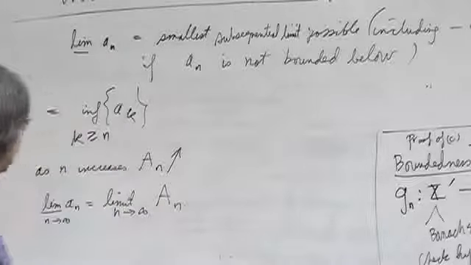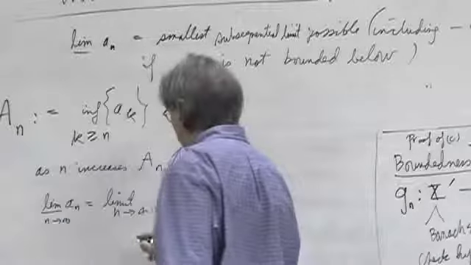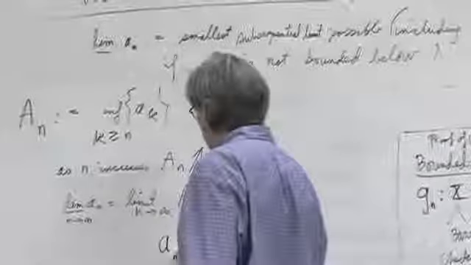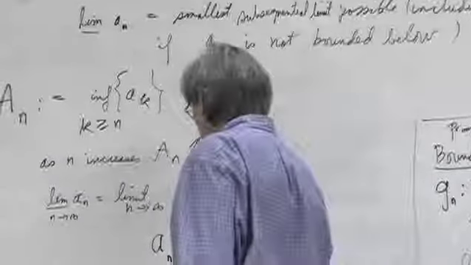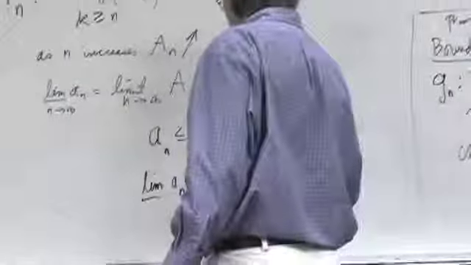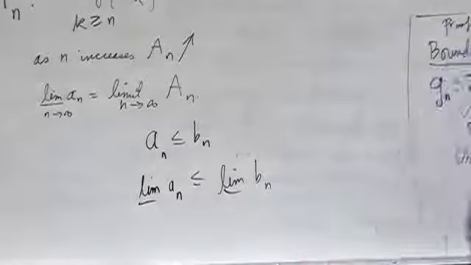So I don't know if that's helping you much. But basically what happens is if a_n is less or equal to b_n, you get some obvious things. Then the lim inf of a_n is less or equal to the lim inf of b_n. These lim infs always exist, though they might be minus infinity or plus infinity.